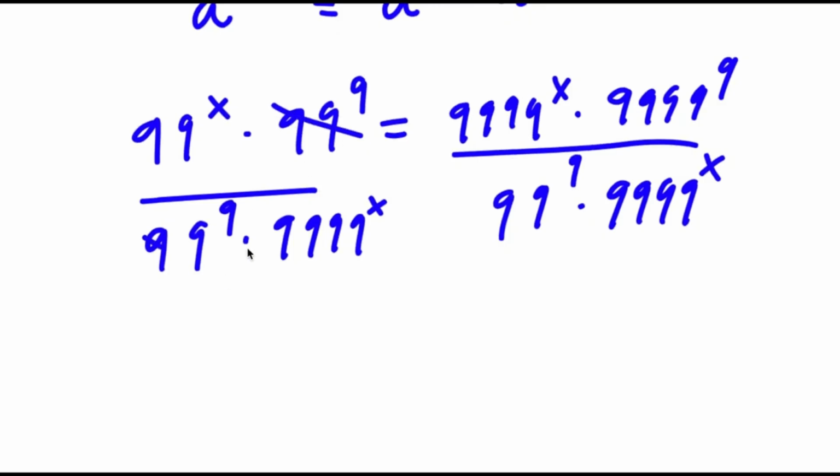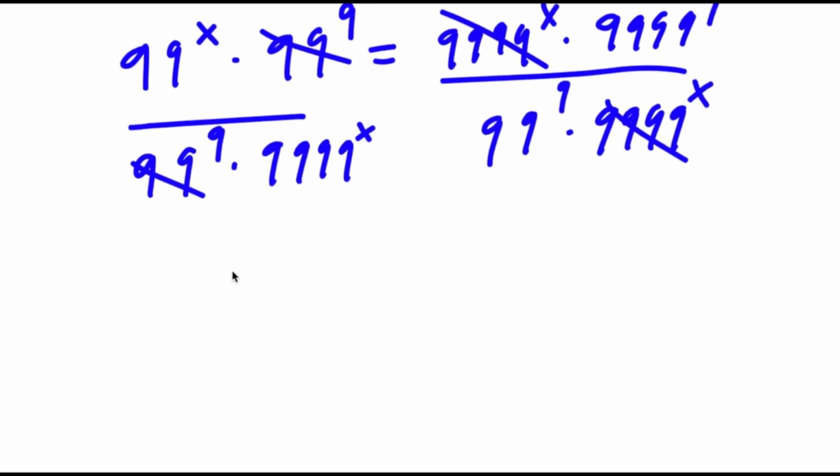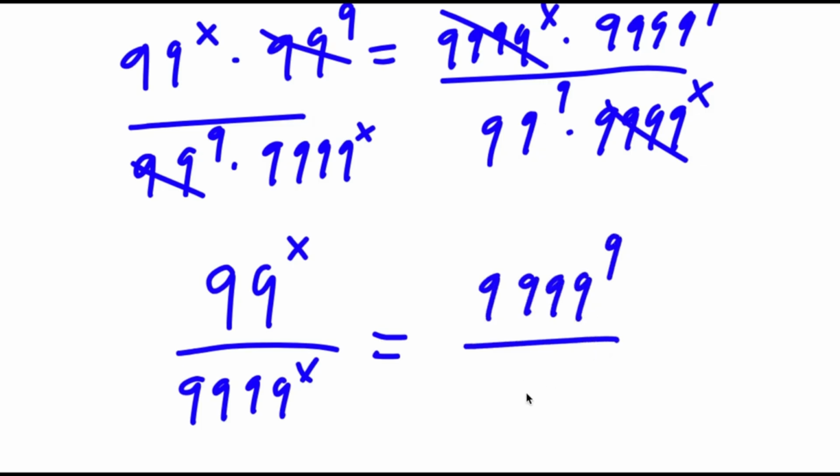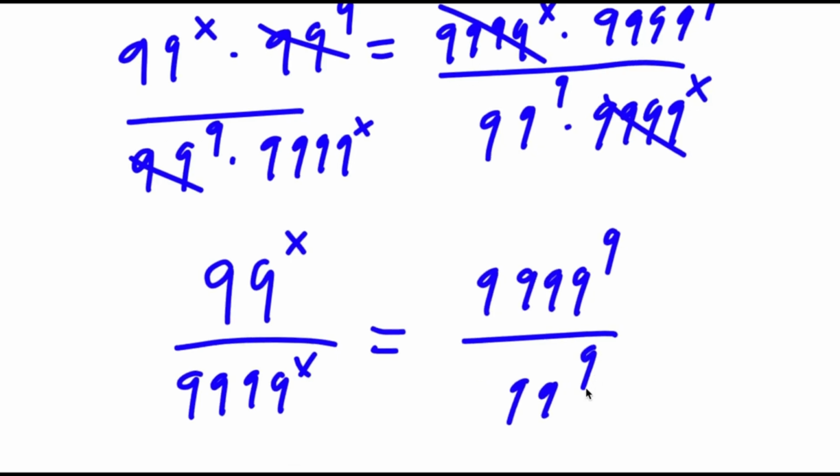So then these two cancel out for my left-hand side, and these two cancel out for my right-hand side. So now I have 99 to the power of x over 9,999 to the power of x is equal to 9,999 to the power of 9 over 99 to the power of 9.